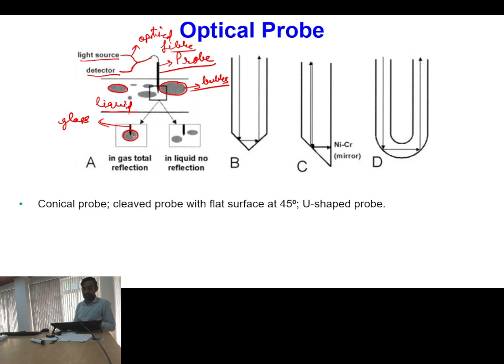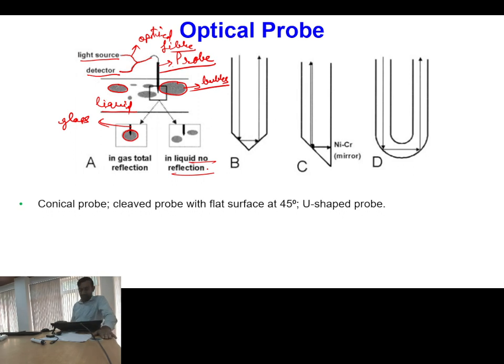Here we will find significant reflection of the wave. In the second case, when the probe is in contact with the liquid, the refractive index of the liquid will typically be close to that of the glass, and in this scenario there is no reflection. So in one case there is no reflection, and in the other case there is almost total reflection.